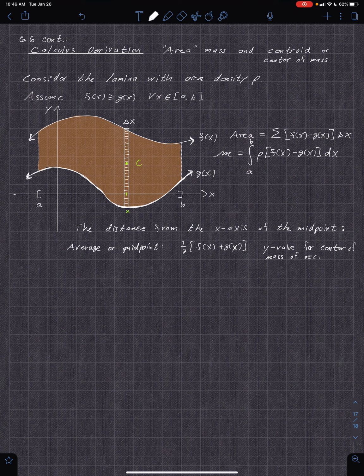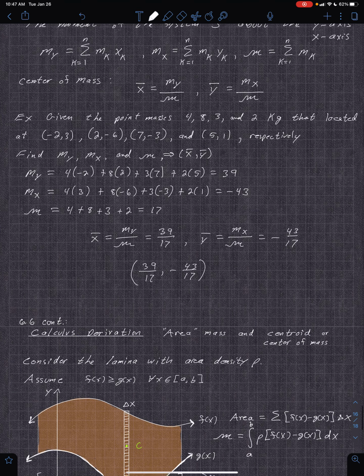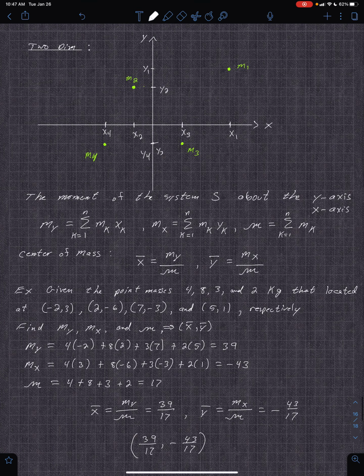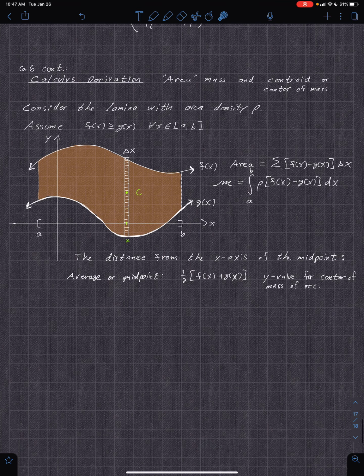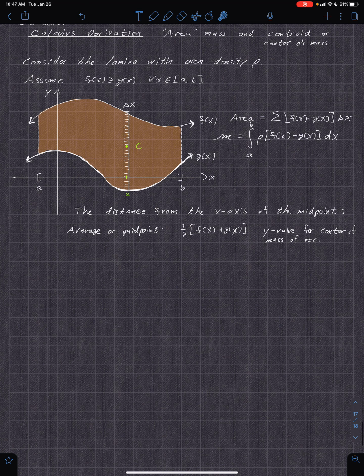So if that's like saying y, right back up here, we basically took the y values here, that distance, and multiplied by mass. And we took the y value here and multiplied by mass. Well, that's what we're doing, y value here multiplied by mass. So that is the y value of the center of mass. You're just taking the midpoint of the rectangle itself.